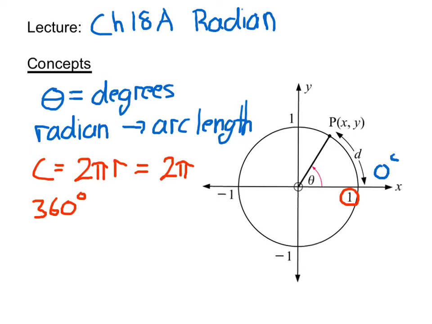That is an arc length. That can also be used to measure the angles, or the full sweep of a circle. So 360 degrees is equal to 2 pi radians. Do a little bit of algebra here, and we find that 180 degrees is equal to pi radians.